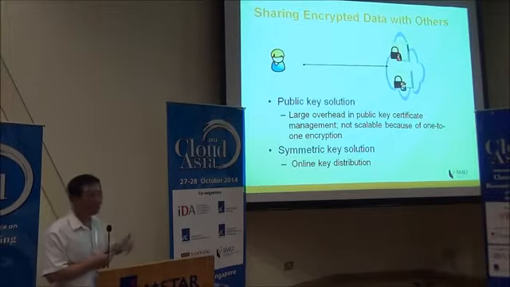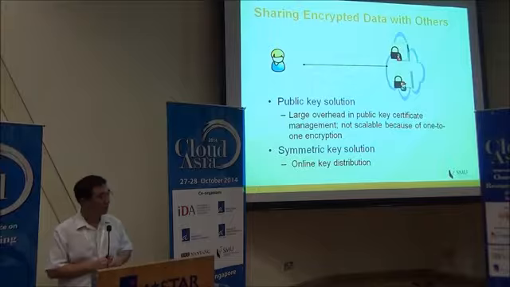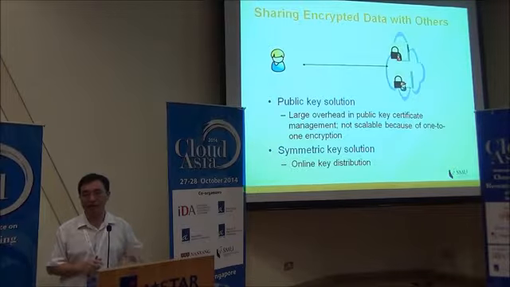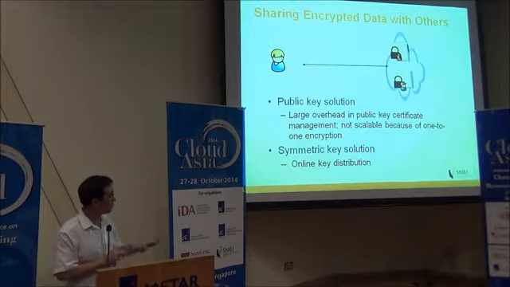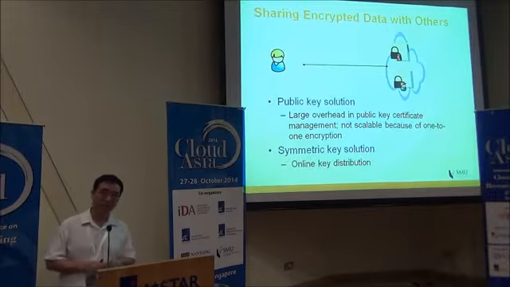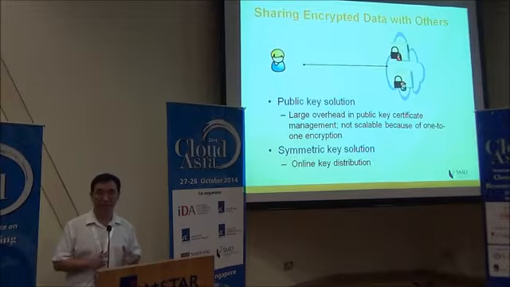The traditional approach, we have public key encryption, we have symmetric encryption. Symmetric encryption is a secret key that we share between the parties. A lot of overhead, potentially. We don't talk about symmetric encryption. But even public key encryption is not scalable. Yes, it provides a solution, but not scalable.